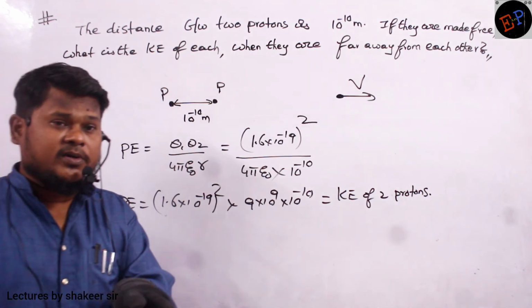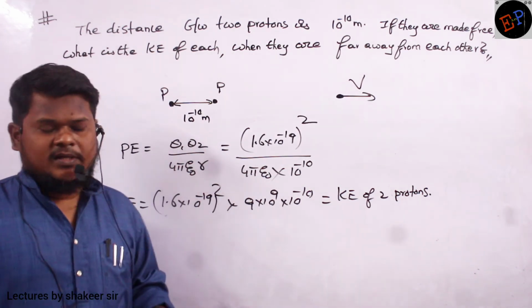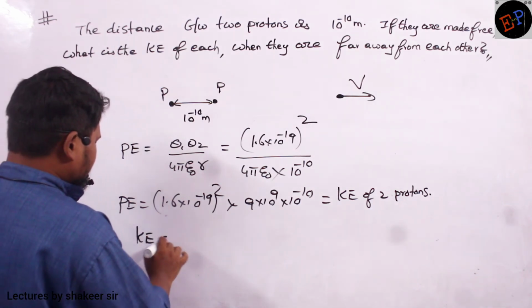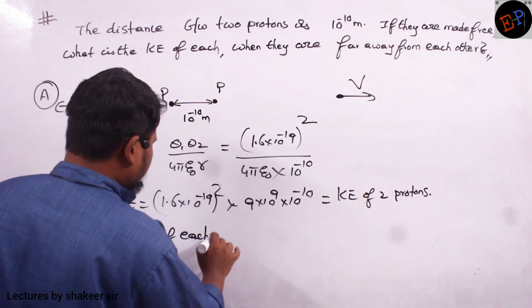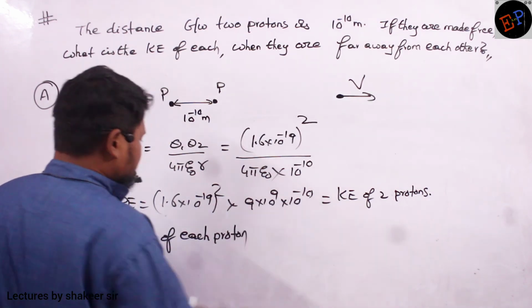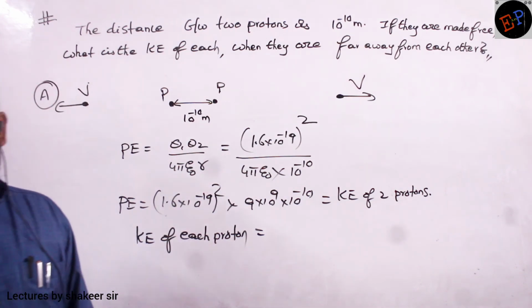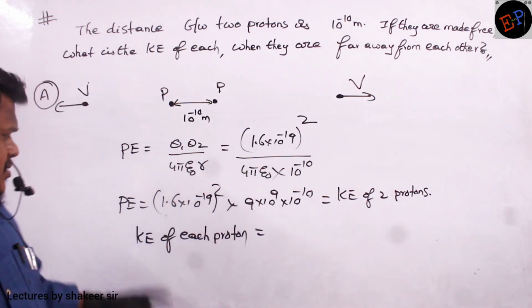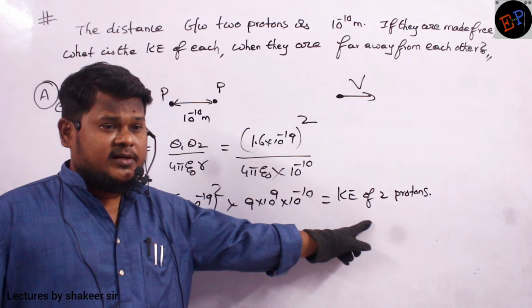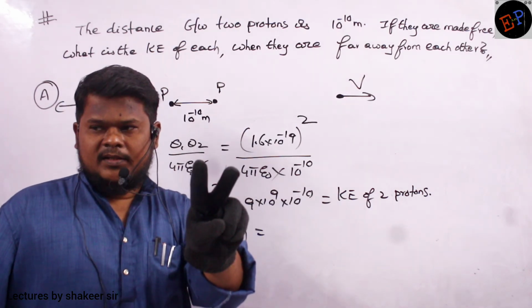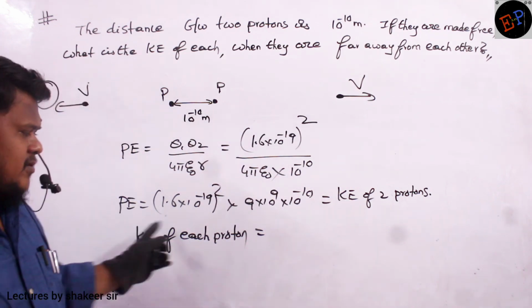Kinetic energy of how many protons? 2 protons. So what is the kinetic energy of each proton? This is equal to this total energy divided by 2, that's all. Because this energy is not converted into kinetic energy of a single proton, it is converted into kinetic energy of 2 protons. So the kinetic energy of each proton is half of this one.